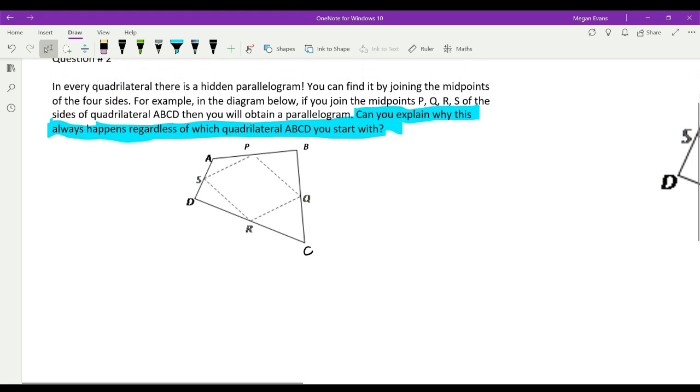The only way that we're going to be able to explain why this always happens regardless of which quadrilateral ABCD you start with is going to be using what's called the midline theorem.